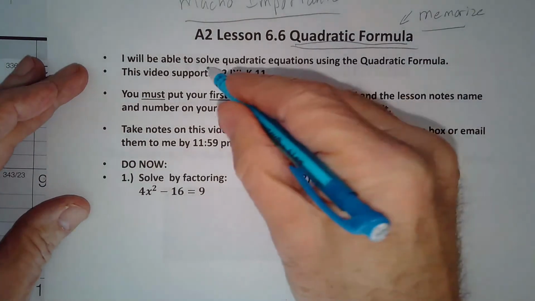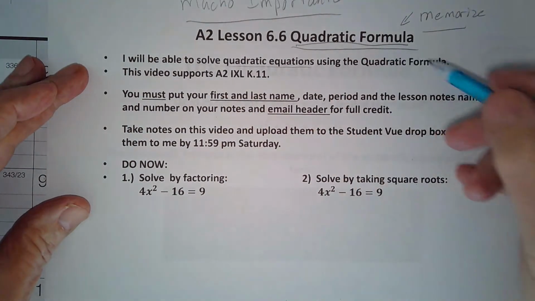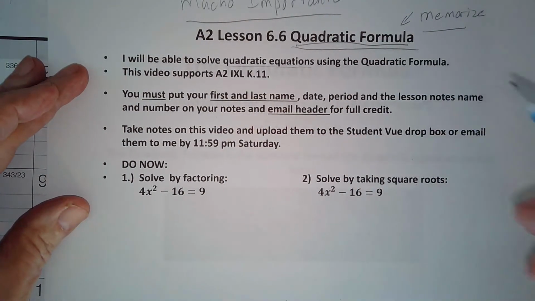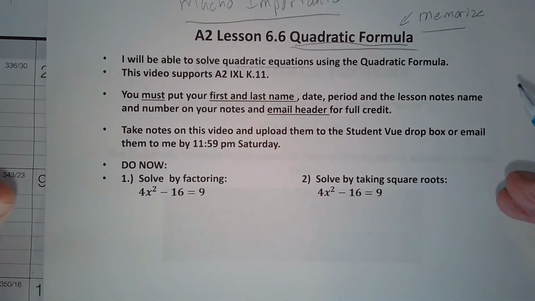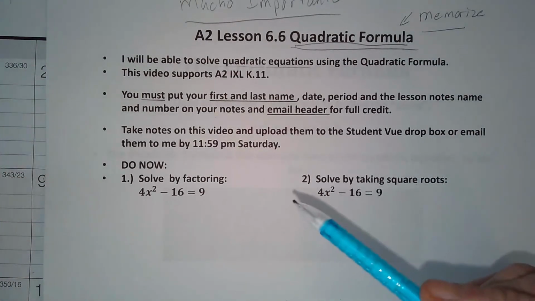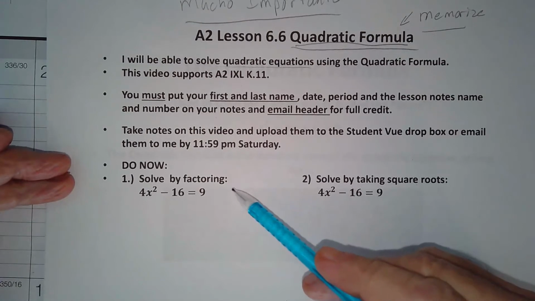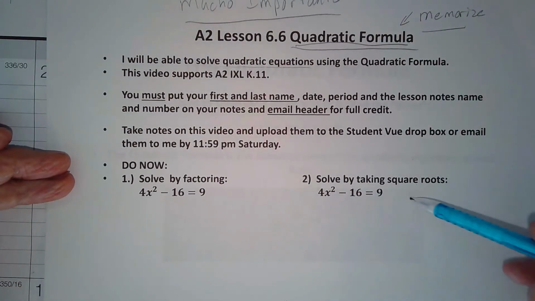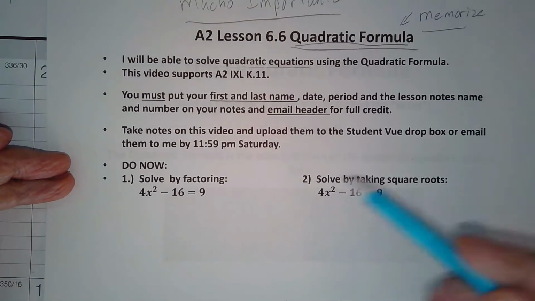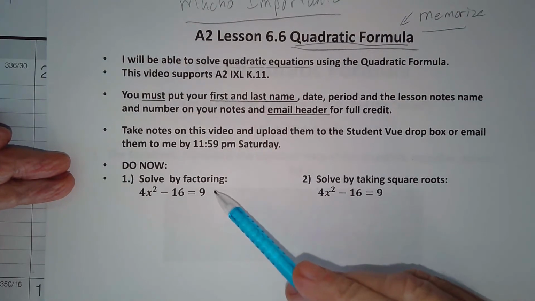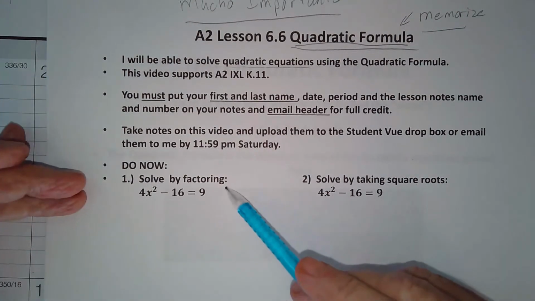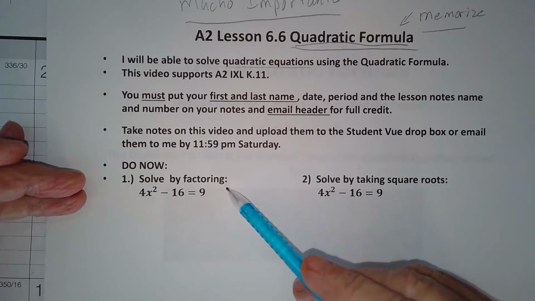So you're going to be solving quadratic equations using the quadratic formula. Just recognize that when we do factoring, and down here I'm going to have us do a little factoring and then solve by taking square roots, you cannot always get a solution when you solve by factoring.